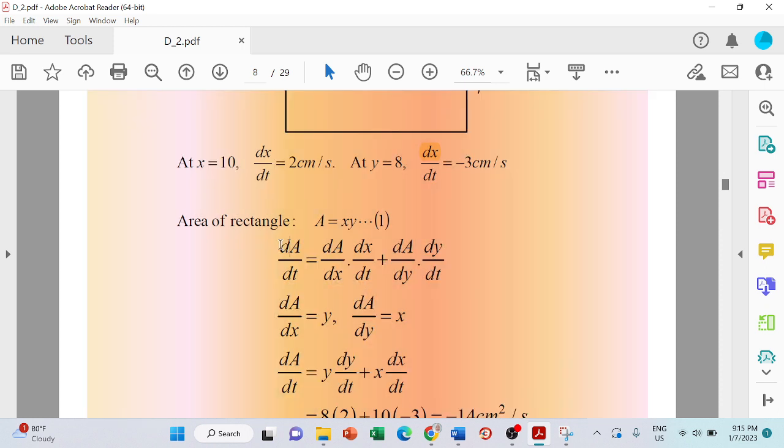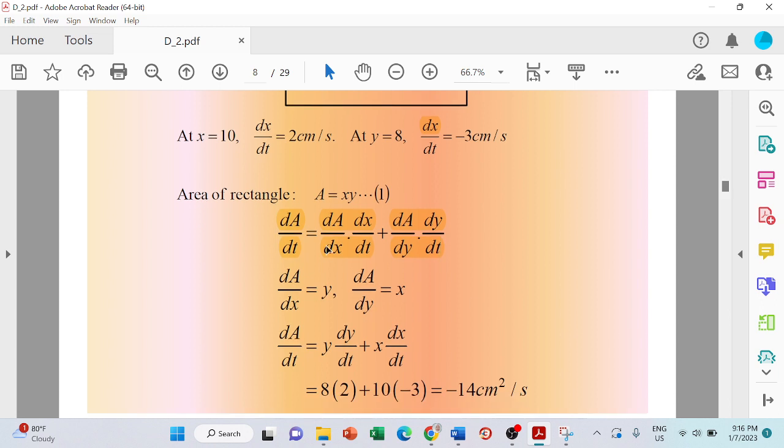Okay, sini nampak. This is formula that created. So nampak dekat sini, kalau kita do the cancellations here and here, you akan dapat dA dt.